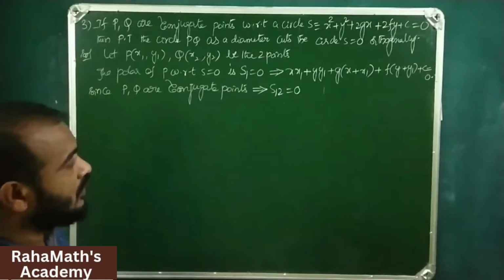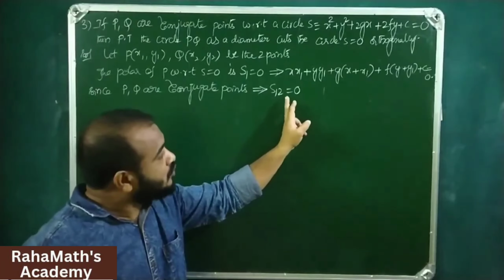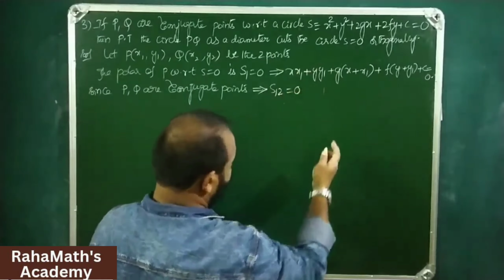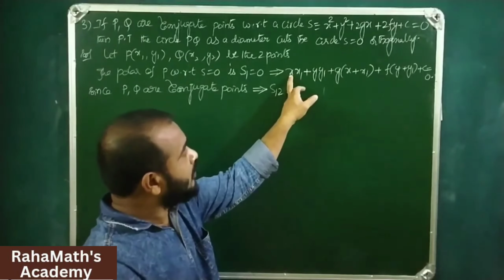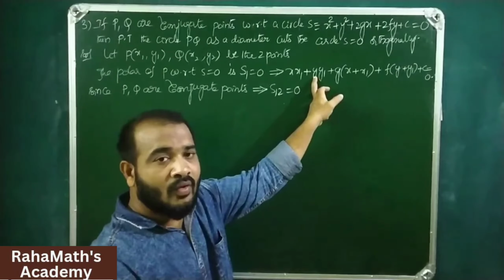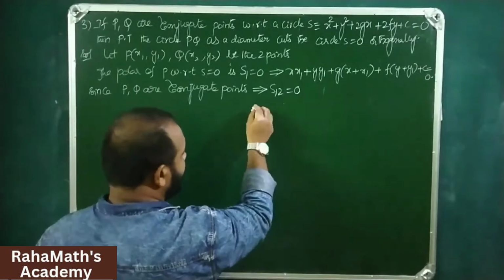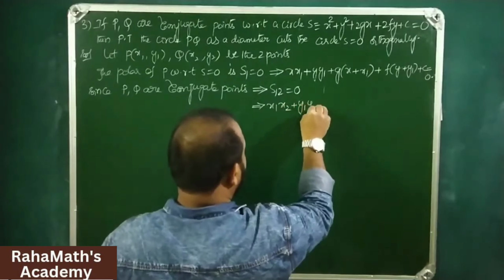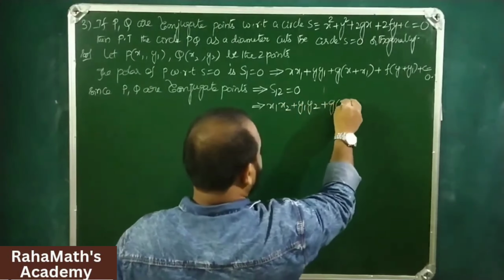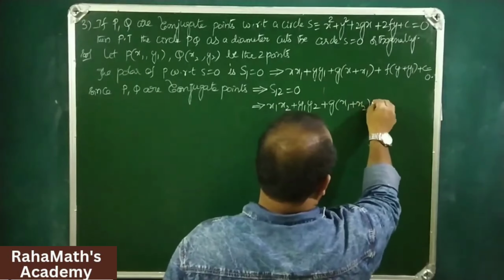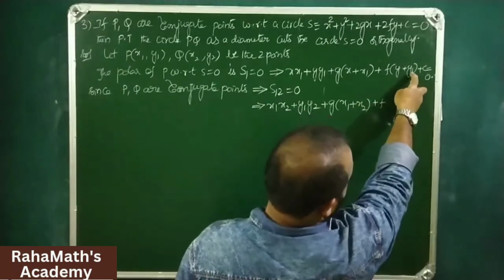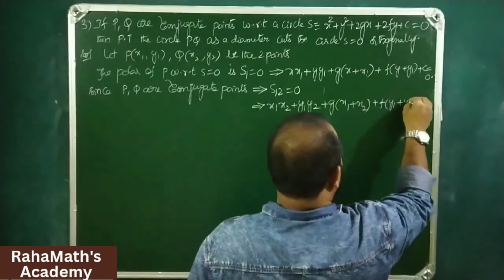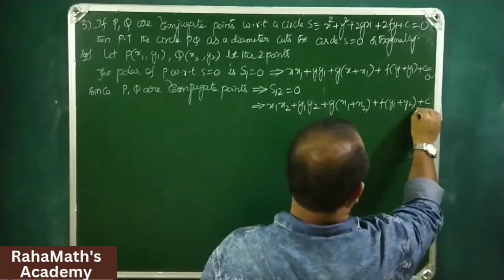S12 equals 0. That means Q(x2, y2) must pass through this circle. If you substitute x2 in place of x and y2 in place of y, we will get x1 x2 plus y1 y2 plus g into (x1 plus x2) plus f into (y1 plus y2) plus c equals 0.